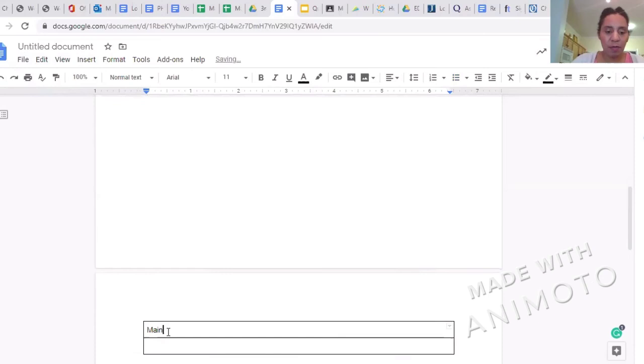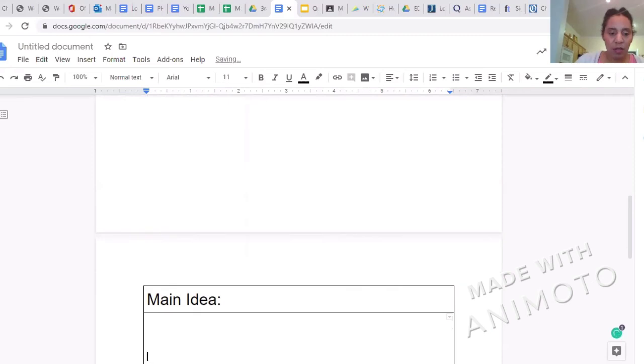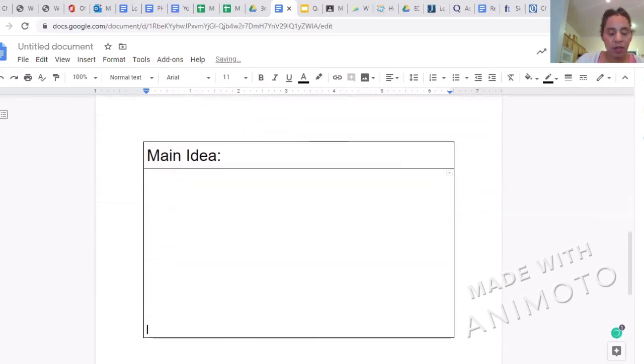All right, so I'm going to put main idea at the top. If you don't want to create one or use the one that's on my screen, you are more than welcome to draw it. I do that sometimes when I'm reading. So you can draw boxes and bullets.